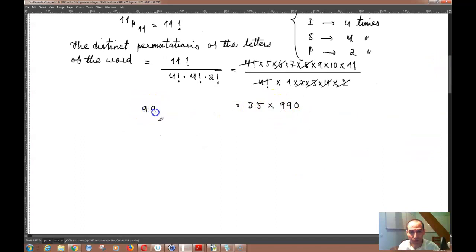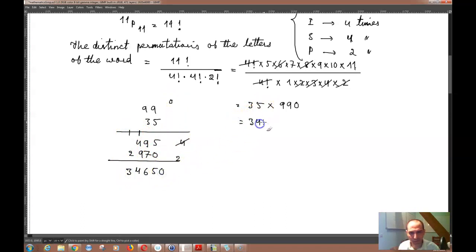And so 99 times 35, and you have a 0 there, so you have 5 times 1 is 45, 49, 0, 3 times 1 is 27, 29, and so on, and then you have a 3 over here, you have a 0 there, so you have basically 34,650.